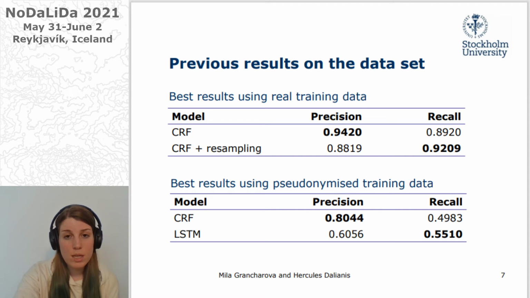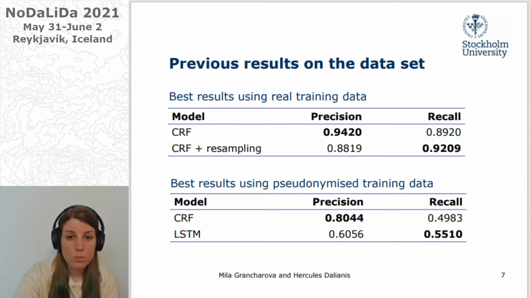So we've been interested in finding a way to keep recall high without sacrificing precision, and also optimally to be able to train a model on these pseudonymized records while still being able to reach good results on authentic records.